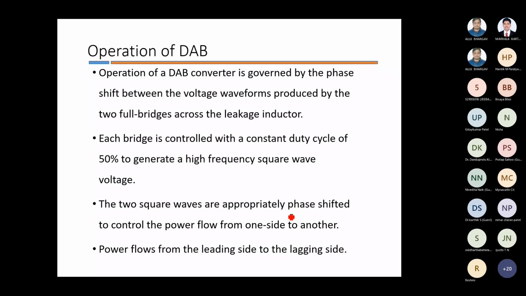These two square waveforms are appropriately phase shifted to control the power flow from one side to another. Power flows from the leading side to the lagging side, like when two voltage sources are connected with voltage waveforms having a phase shift between them.